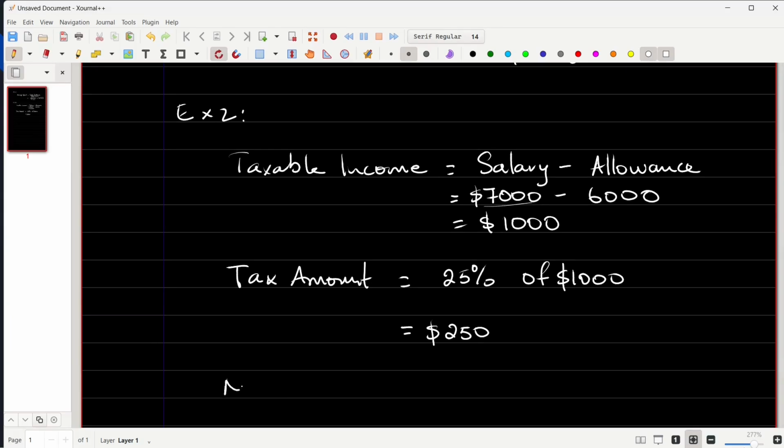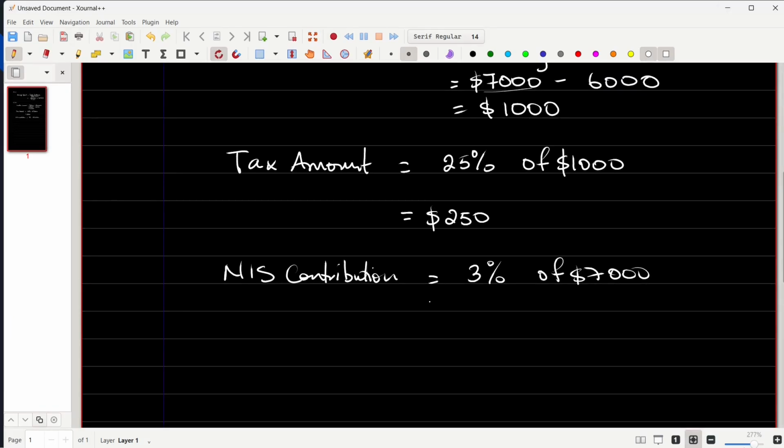So our NIS contribution is 3% of $7,000. So that is $210.